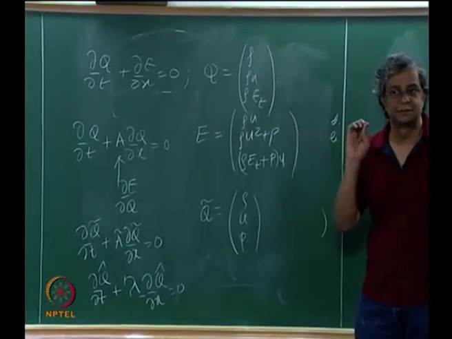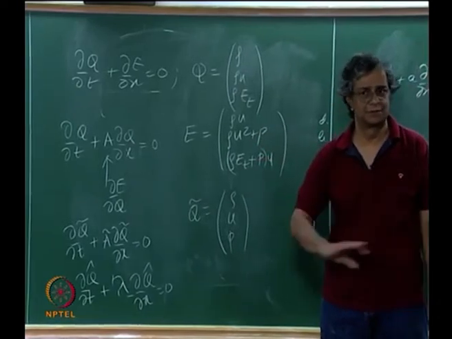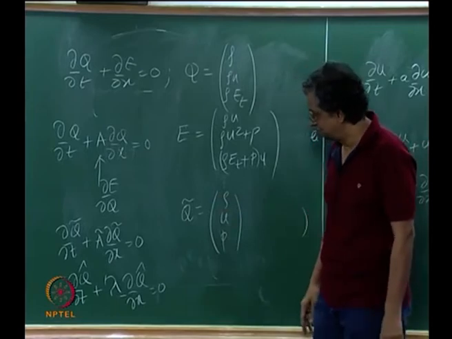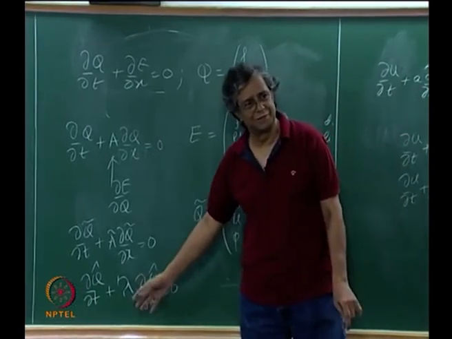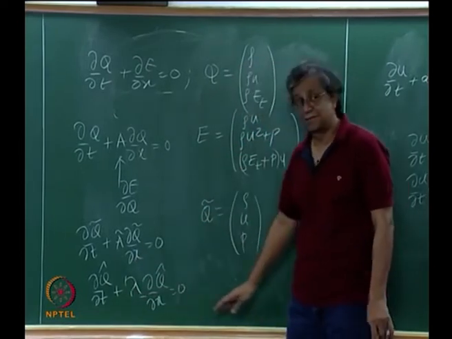So we got three equations that were propagating like the wave equation, okay, but not the linear wave equation, it is a quasi-linear wave equation, but at least our analysis would work.